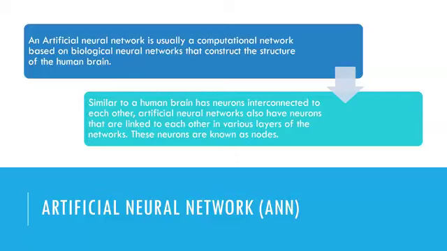So that's where neural networks were discovered. Basically, they are the outcome of the way our human brain functions.